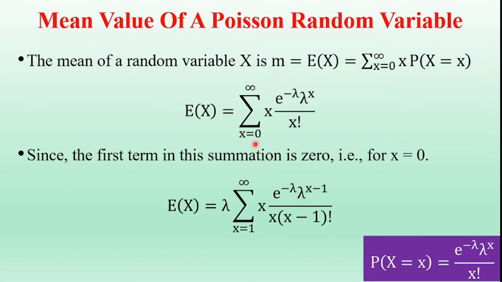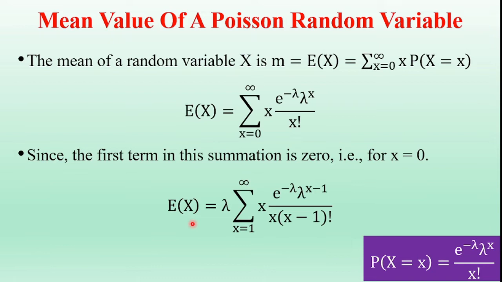After that, substitute x equal to 0: 0 into something is 0. The first term in the summation, for x equal to 0, is 0. So the remaining values of x run from 1 to infinity.